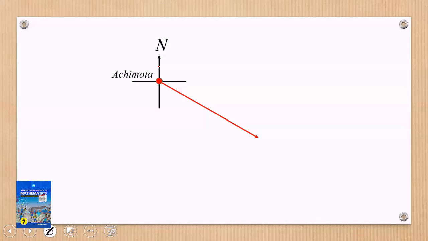Then we head towards the place called Dome. When we get to Dome, we locate our point over there as well. And then we can have our North Pole. Now, if you want to know the direction of Dome from Achimota, then it means that we were at Achimota and we moved this distance at this angle, and that gave us the direction.